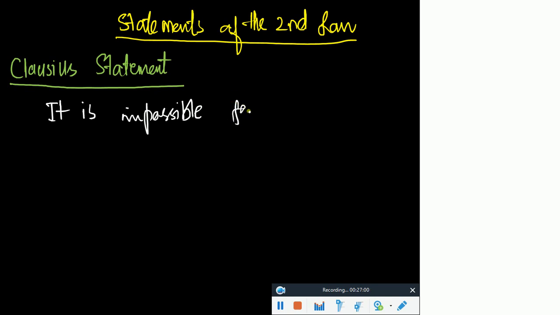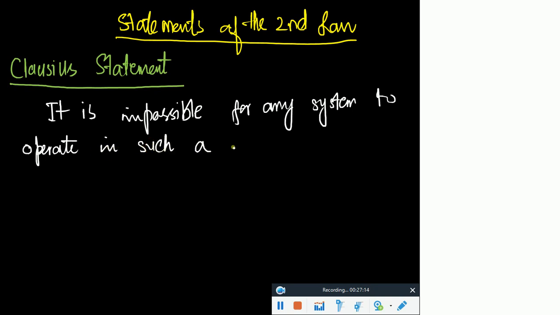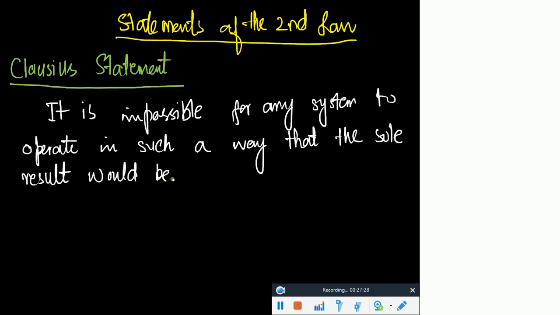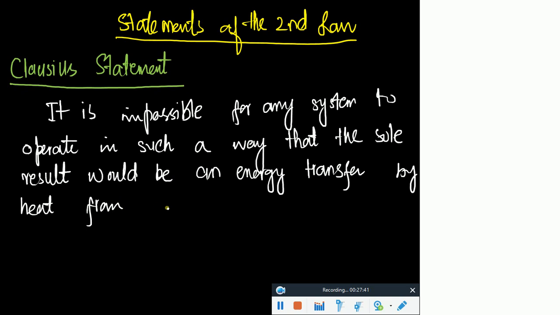It is impossible for any system to operate in such a way that the sole result would be an energy transfer by heat from a cooler to a hotter body.